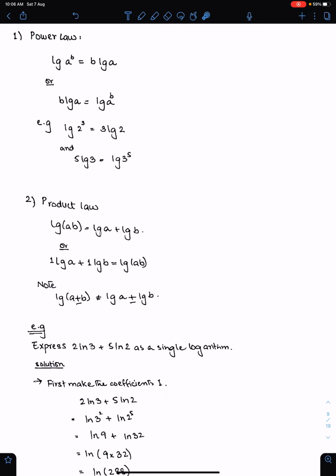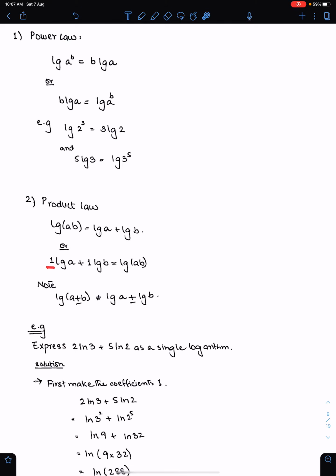And the reverse is also possible, but while using the reverse form of the product law, you must check the coefficients of all the logs. They all must be 1. If not, then make them 1 by using the power law.